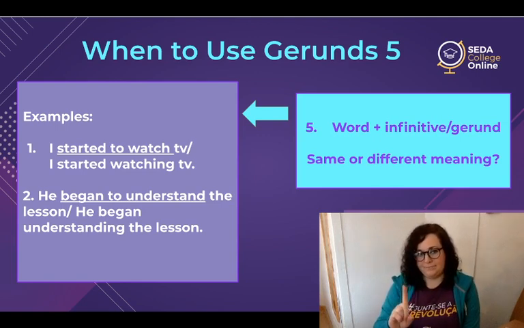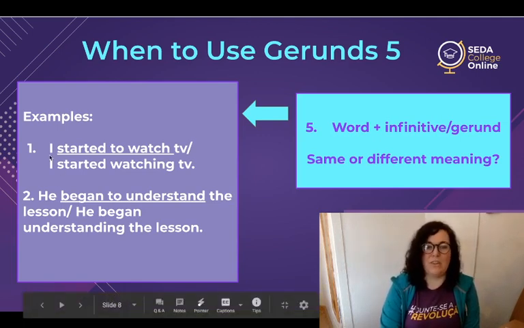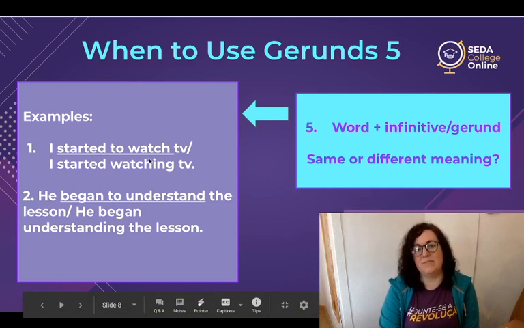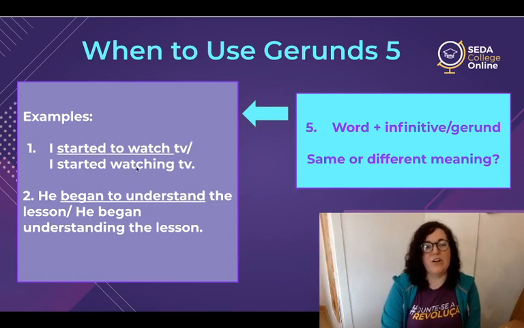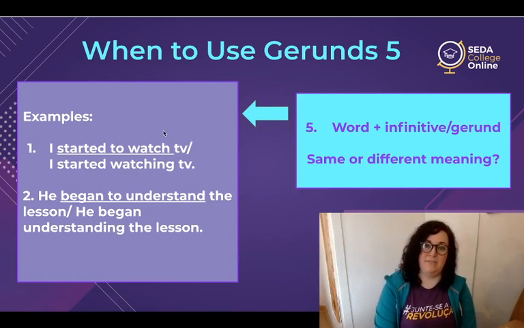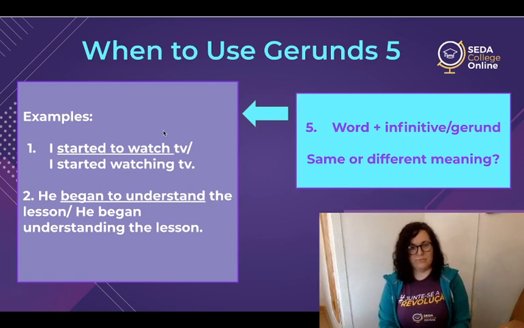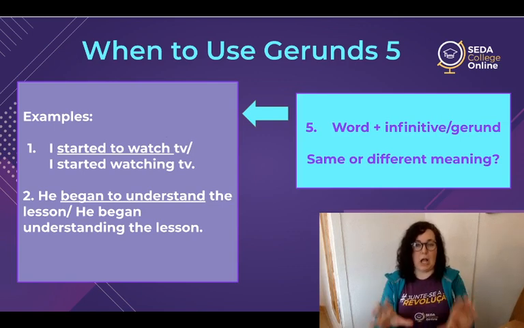Number 1. First example with underline is always the to plus infinitive. So, I started to watch TV. Then the next one, gerund, I started watching TV. Here, they could have the same meaning depending on the context.